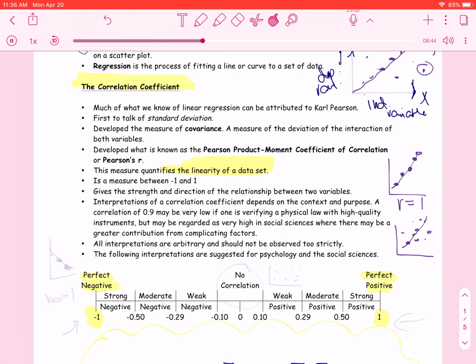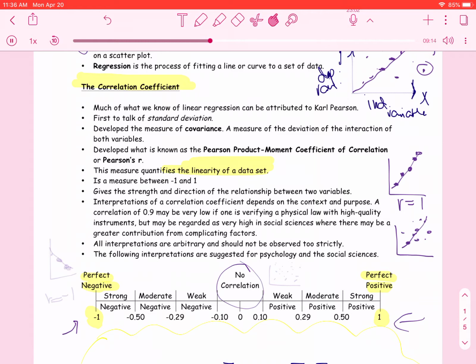Okay, I would maybe say this would be a moderate, maybe even almost weak positive, because there are a couple points that are above and below. Okay, now when we make that, I guess, generalization, we're using numbers that apply to the scale. So you can see here it starts at -1 and goes all the way to +1. And a no correlation is smack in the middle.